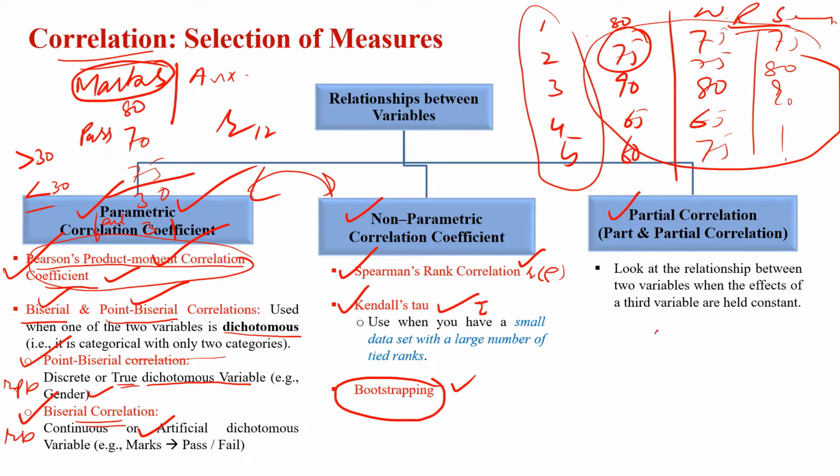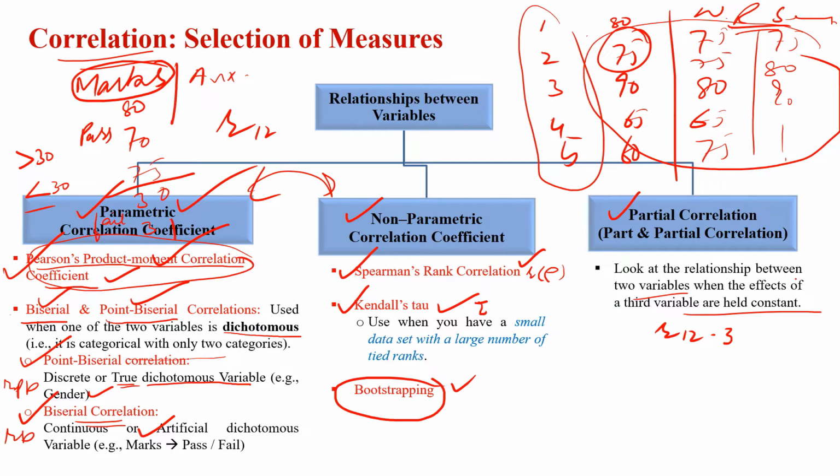Whereas the partial correlation coefficient is normally represented as r123, because in partial correlation we want to find out the relationship between two variables by controlling the third one, meaning we assume the third variable is constant, or you can say by removing the effect of the third variable.